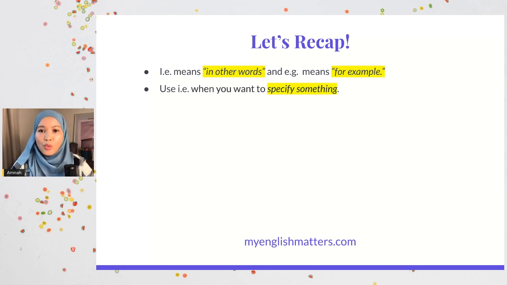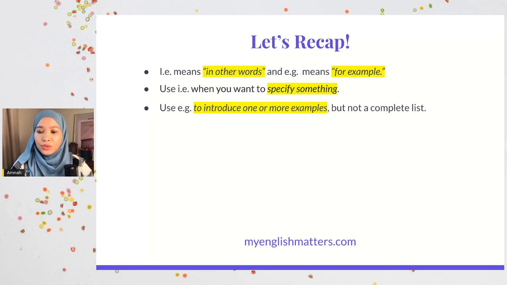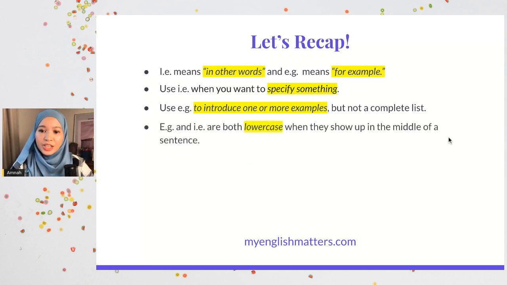Use i.e. when you want to specify something. Use e.g. to introduce one or more examples, but not a complete list. E.g. and i.e. are both lowercase when they show up in the middle of a sentence, so you don't use uppercase for e.g. and i.e. in the middle of a sentence.